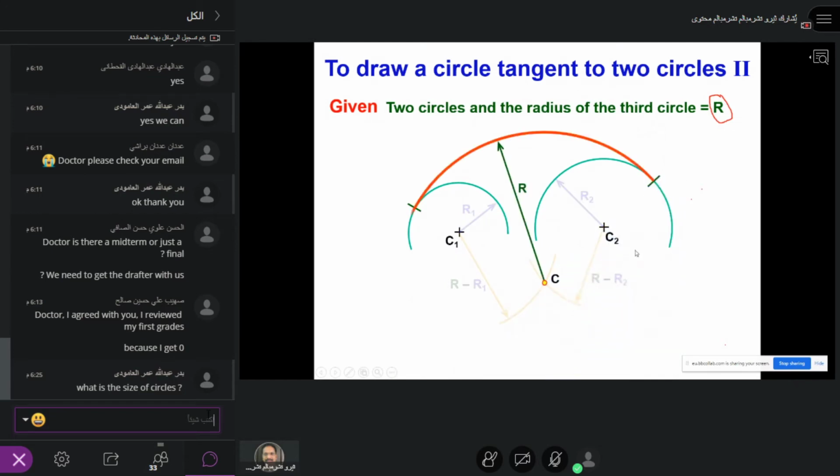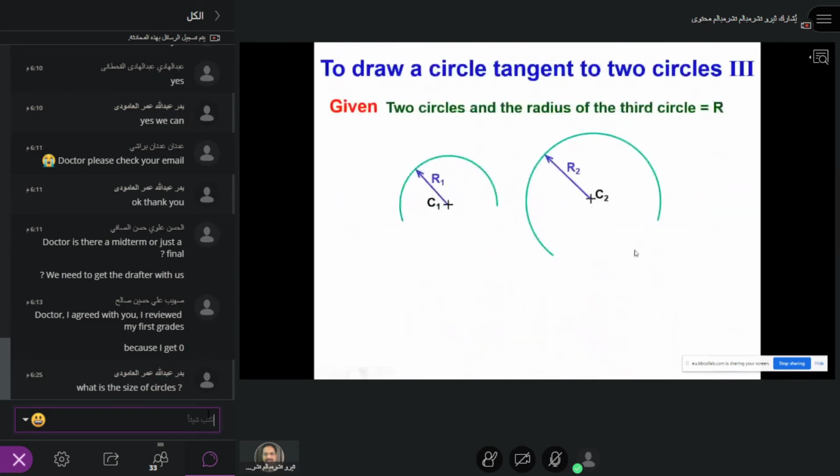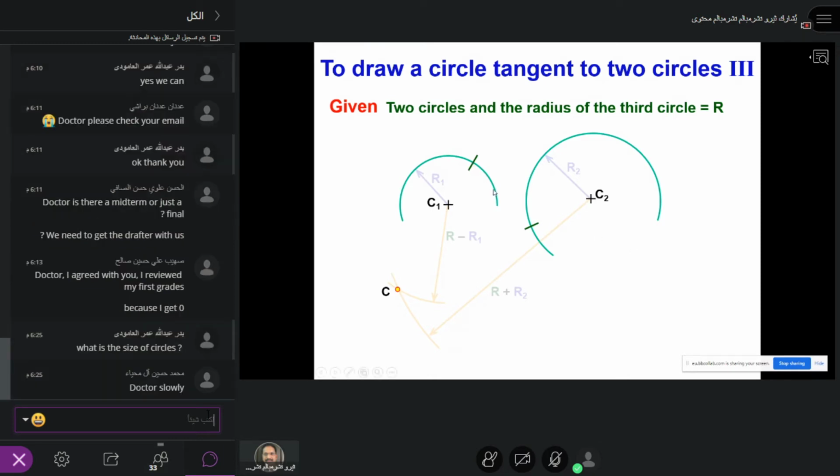Some question is asked. Let me see. The third one is to draw the inner one, joining the tangent of the two circles, the third method. Okay.